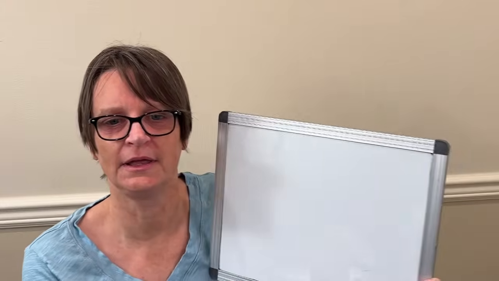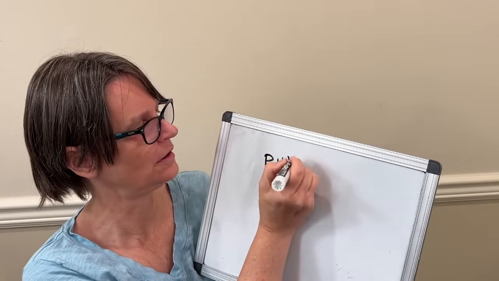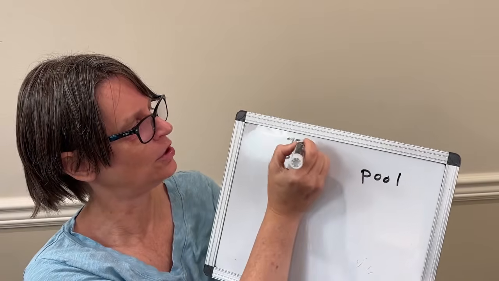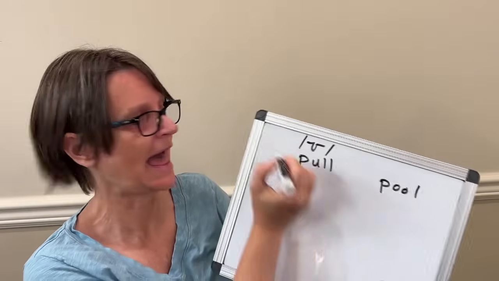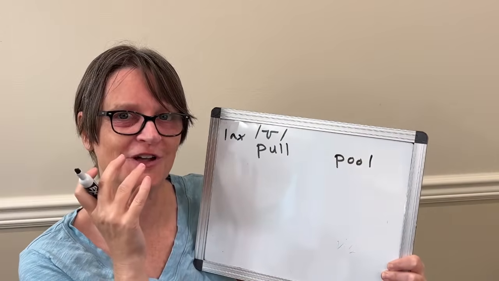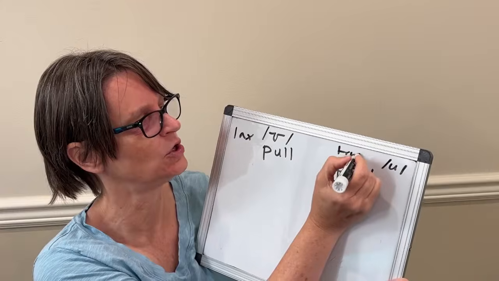Okay. We have a question about pull and pool. For pull, we have the lax vowel. My tongue is a little bit lower and my lips are not as pursed. For pool, we have the tense oo.